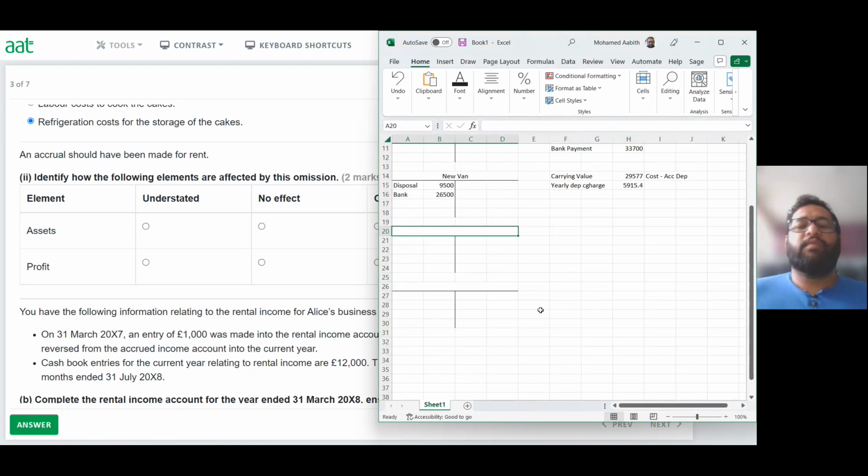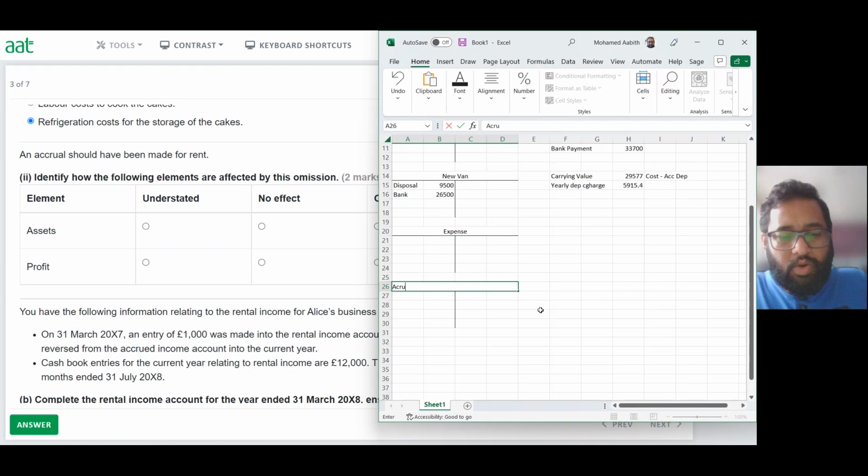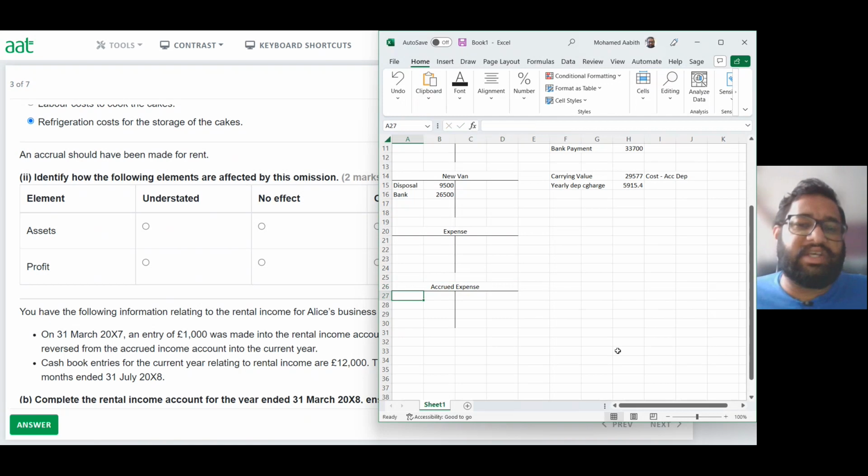All right. So here, when I do an accrual, we create an expense account, and accrued expense. This one will have a debit entry for an accrued expense, because this is the expense which should have happened in that period, which is not paid for yet.